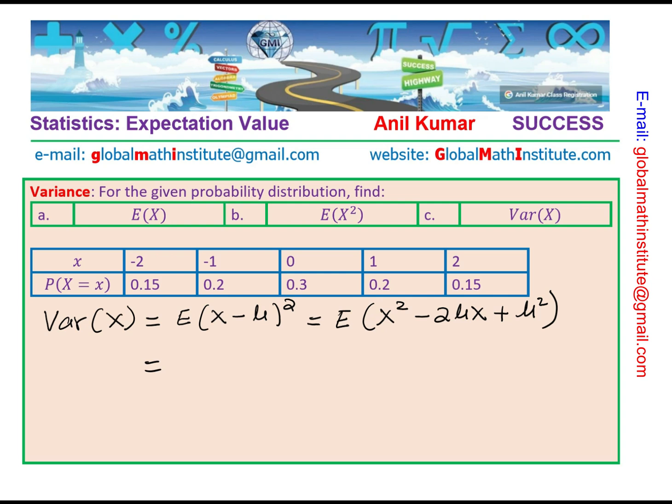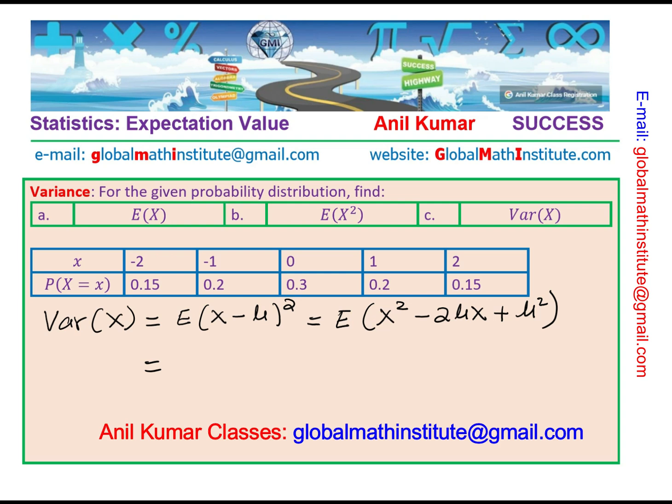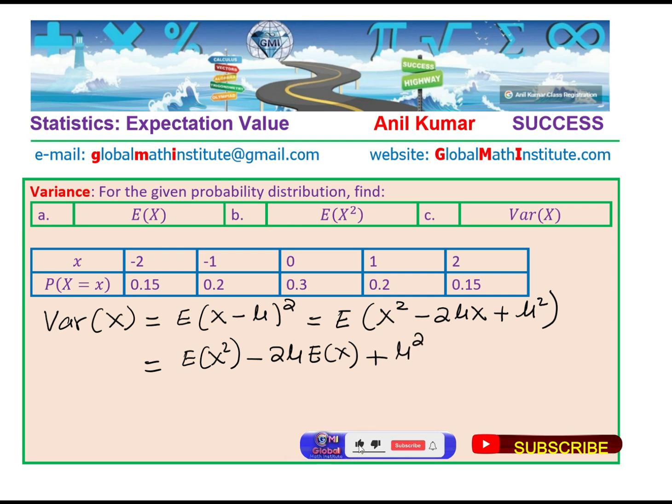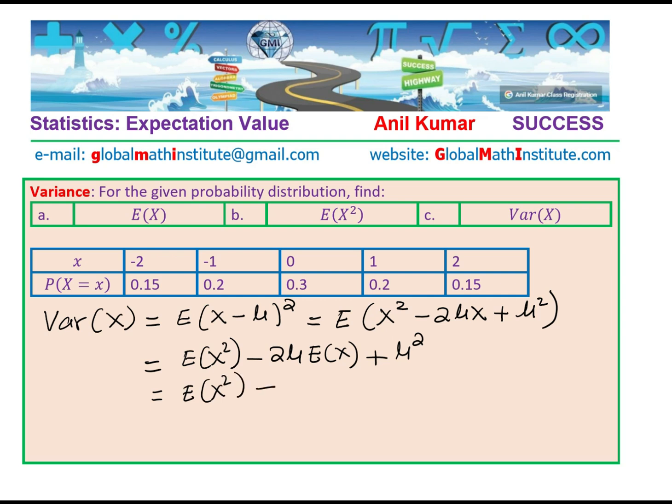And once you expand this, you get E of x square minus 2 mu E of x plus mu square. Now, expected value is actually mean, right? So we can rewrite this as E of x squared minus 2 mu square because E of x is mean.